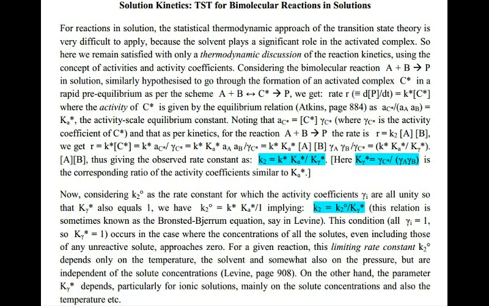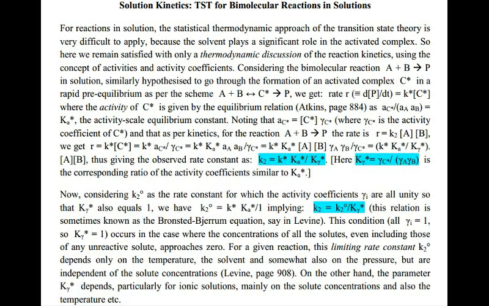That equals the unimolecular rate constant k star into the equilibrium constant Ka star into activity of A into activity of B, divided by gamma C star.